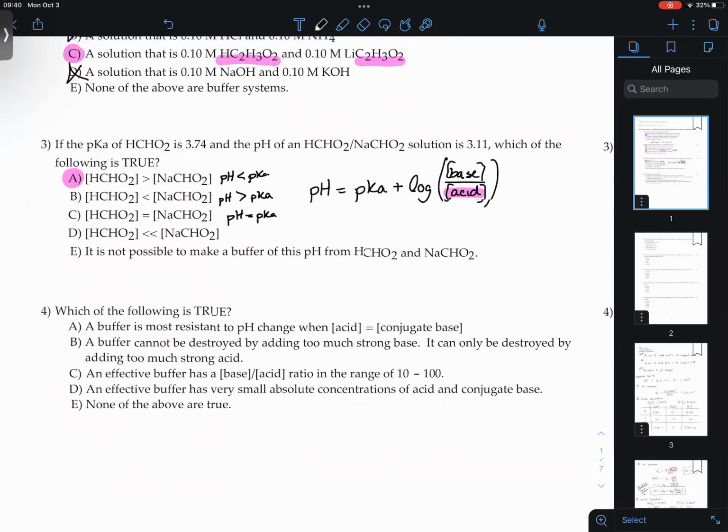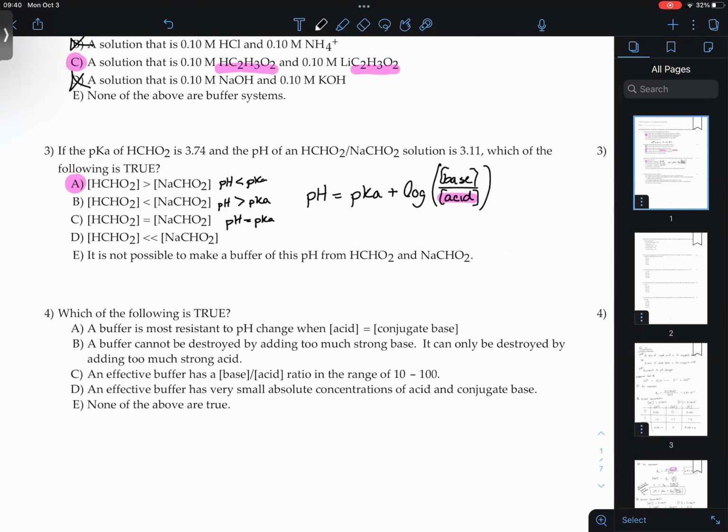And then the last one, let's do this one. Let's see who was paying attention here because we went over this explicitly. So which of the following is true? A buffer is most resistant to pH changes when the concentration of acid equals the conjugate base. A buffer cannot be destroyed by adding too much strong base, only by adding too much acid. The effective buffer has a base to acid ratio of a range of 10 to 100.